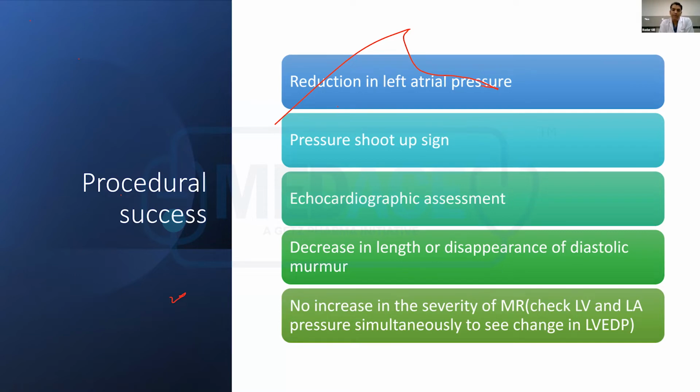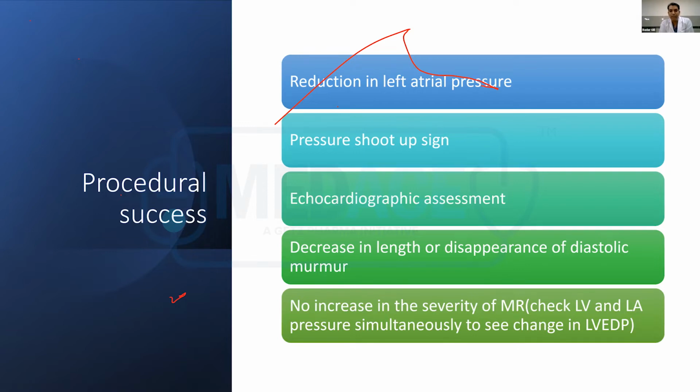There is echocardiographic assessment, measuring the mitral valve pressure gradients. We can auscultate for a decrease in length or disappearance of the diastolic murmur. Again, the severity of MR is very important, as it is a complication which can occur.